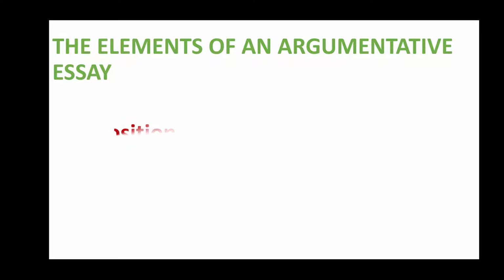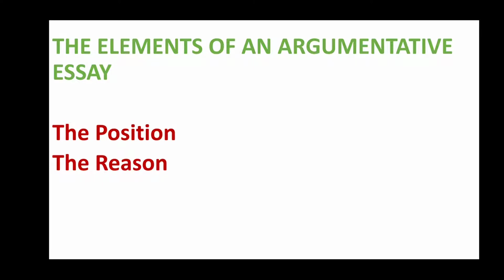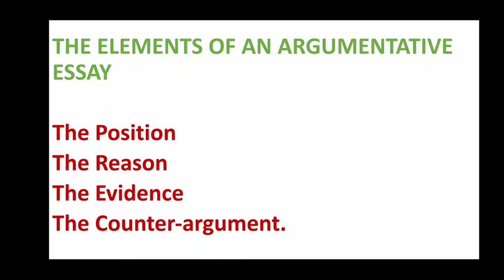And then we looked at the elements of the argumentative essay. We talked about the position, the reason, the evidence, and of course, the counter arguments. Alright? This counter argument makes you look more knowledgeable. It gives your reader the impression that you're not biased. You actually know what it takes.